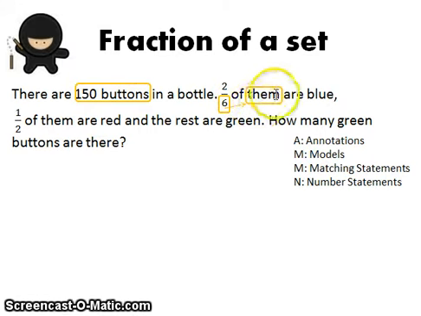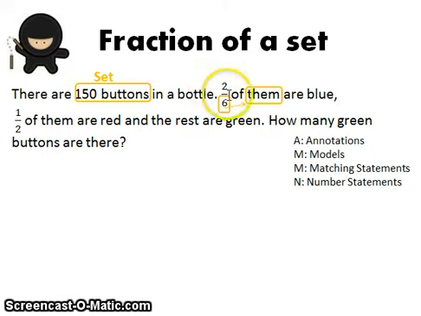What information does this "them" also refer to? Good, it also refers to the 150 buttons mentioned in the question. So this "them" and these 150 buttons are the same. They are the set.